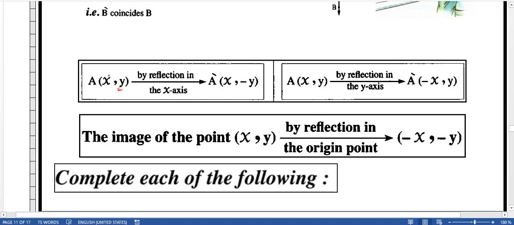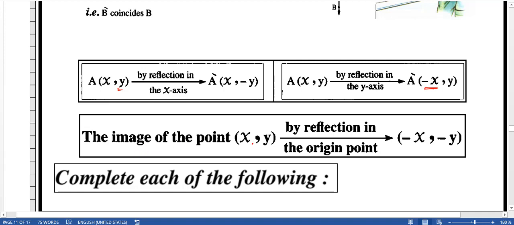This is the x coordinate and this is the y coordinate. As we did here, we will do the same for the y-axis, but we change the sign of the x coordinate.